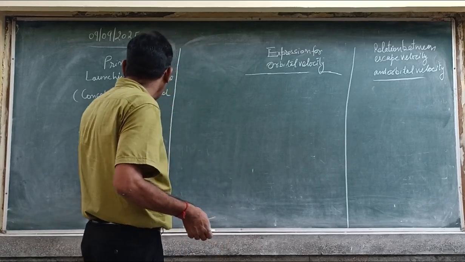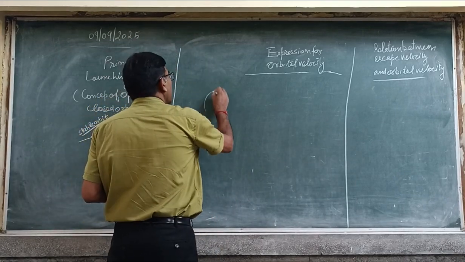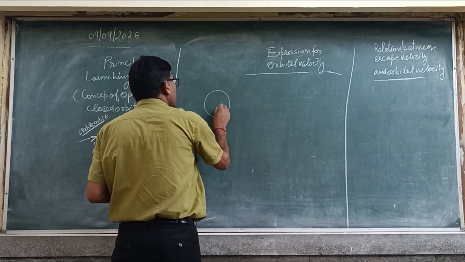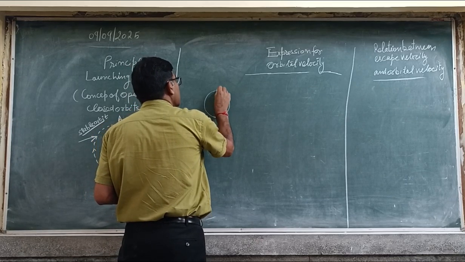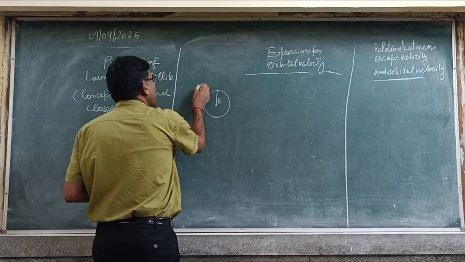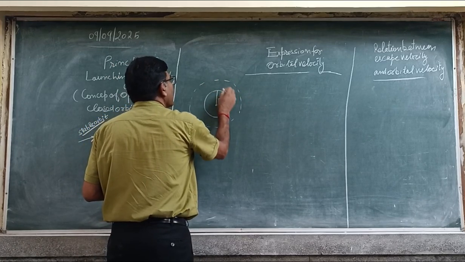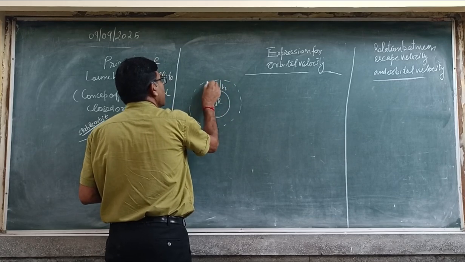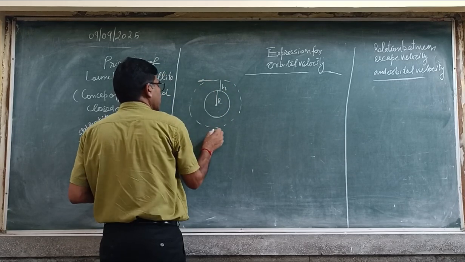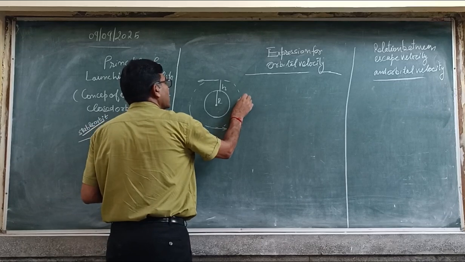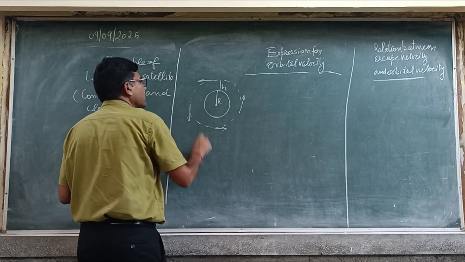Now, as I have already said, this is Earth, this is the radius of the Earth, R, and this is the height of the satellite, h, and the satellite is moving like this. Centripetal force is there.